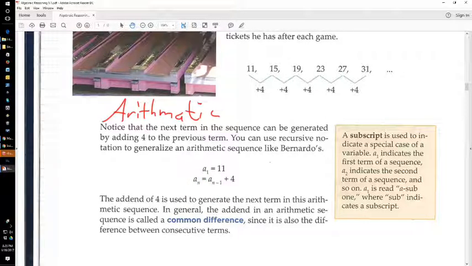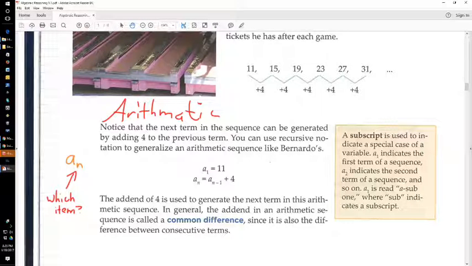If I say a sub n, this n simply states which item. It doesn't mean multiply by anything. It doesn't mean divide. It doesn't mean raise to the third power. It is simply telling which item we're talking about.